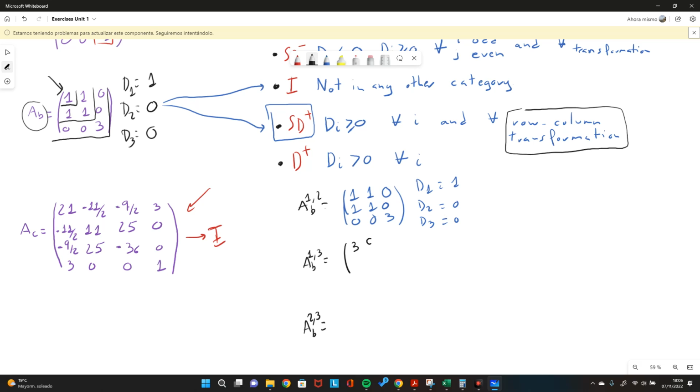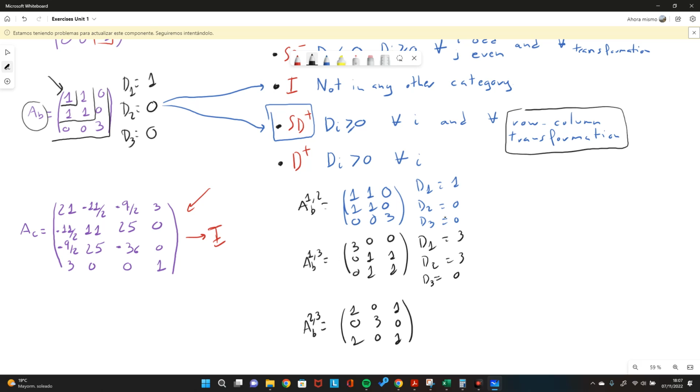With columns and rows 1 and 3, okay? It's going to be 3, 0, 0, 0, 0, 1, 1, 1, 1. And the determinants are going to be D1 is 3, D2 is 3, and D3 is 0. So it can still be positive semi-definite. We'll see if we don't find any contradictions in the last case, okay? With 2 and 3, we get a matrix that is this: 1, 0, 3, 0, 1, 0, 1.